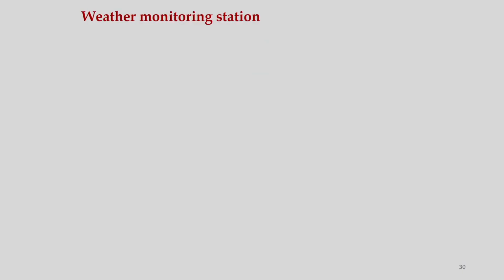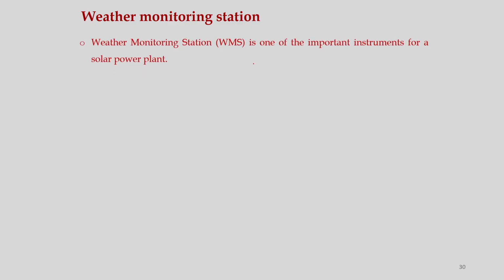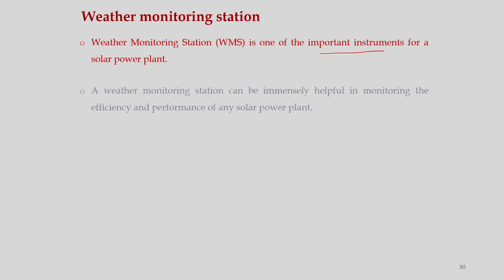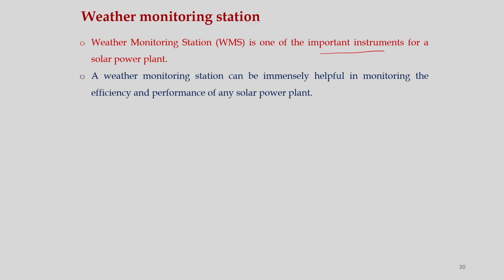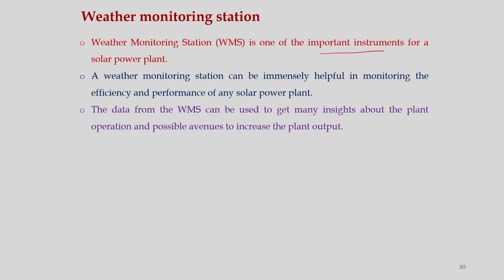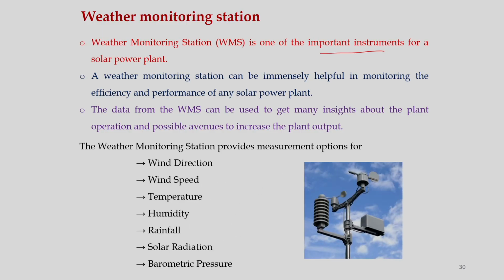And also for this kind of PV system, we need weather monitoring stations. Okay? This weather monitoring station is one of the important instruments required for a grid connected PV system, right. So, what information do we normally get from these weather monitoring stations? We get wind direction, wind speed, temperature, humidity, rainfall, solar radiation and barometric pressure.